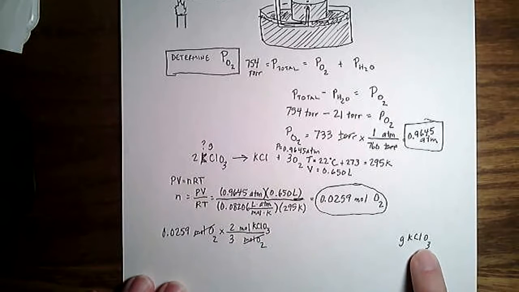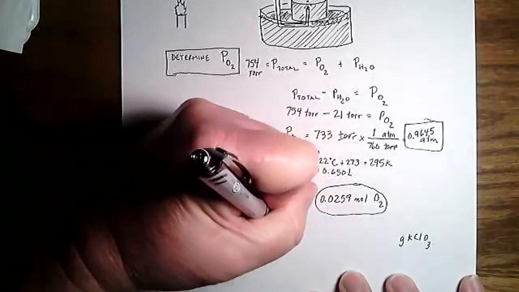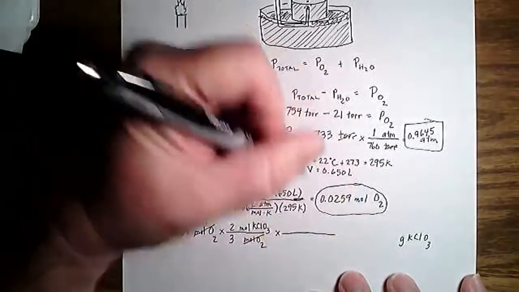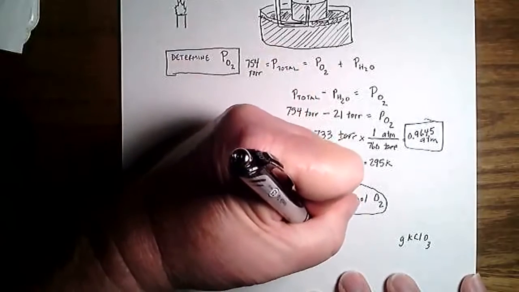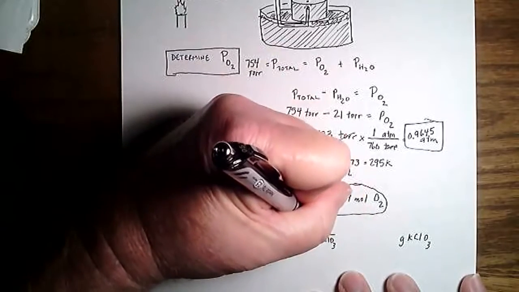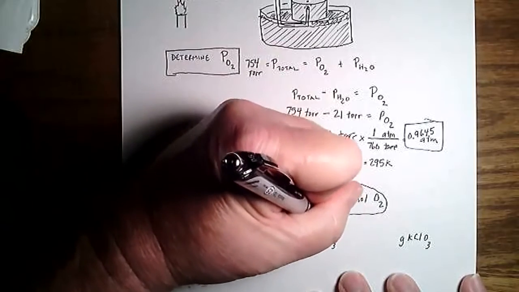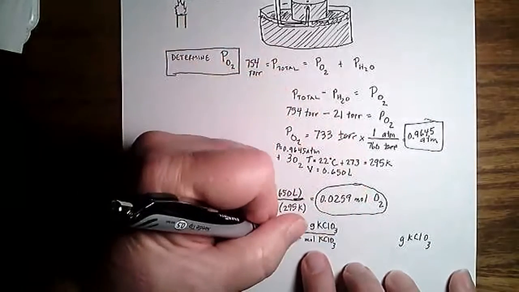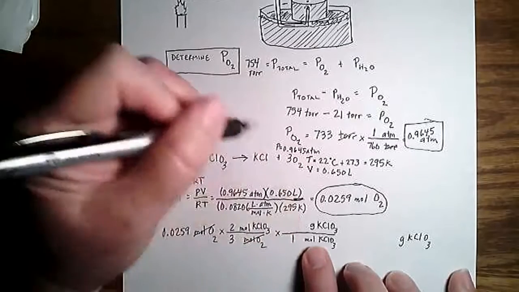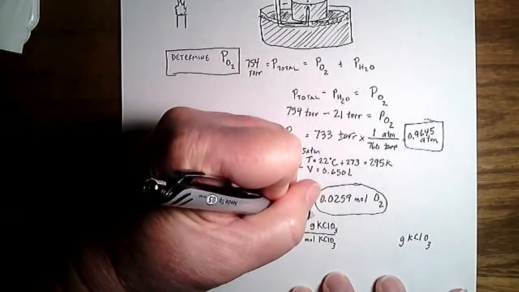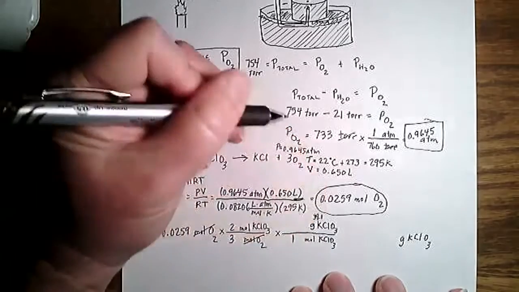Now, it's the right substance, but I don't want it in moles. I want it in grams. So we need to use molar mass here. We're going to need to use molar mass where I have moles KClO3 on the bottom and grams of KClO3 on the top. Remember, the mole term here is always 1 when you're looking at molar mass. This potassium right here has a mass of 39.1.